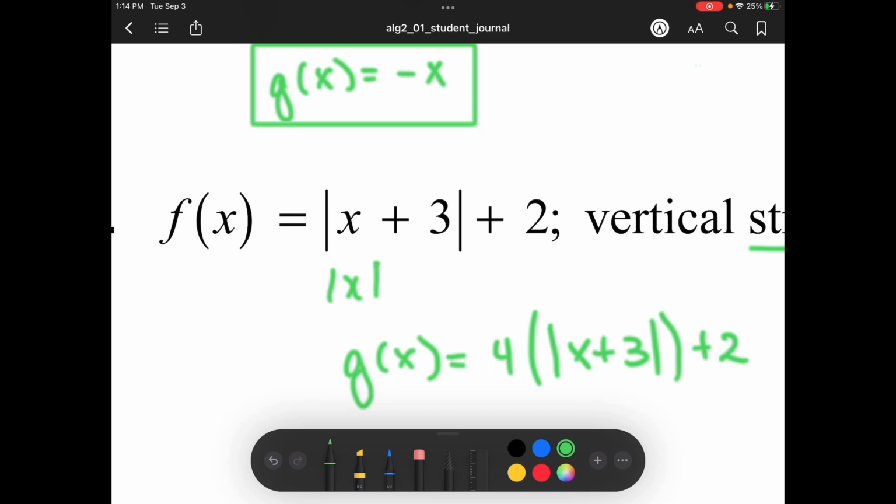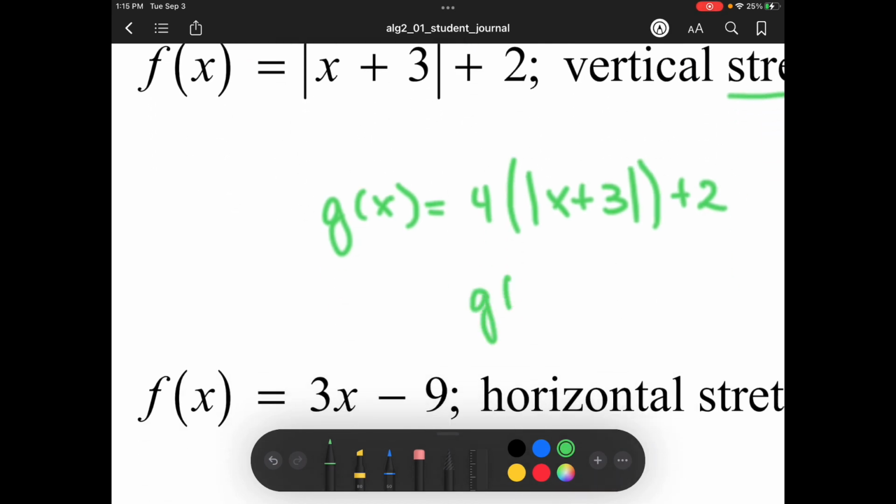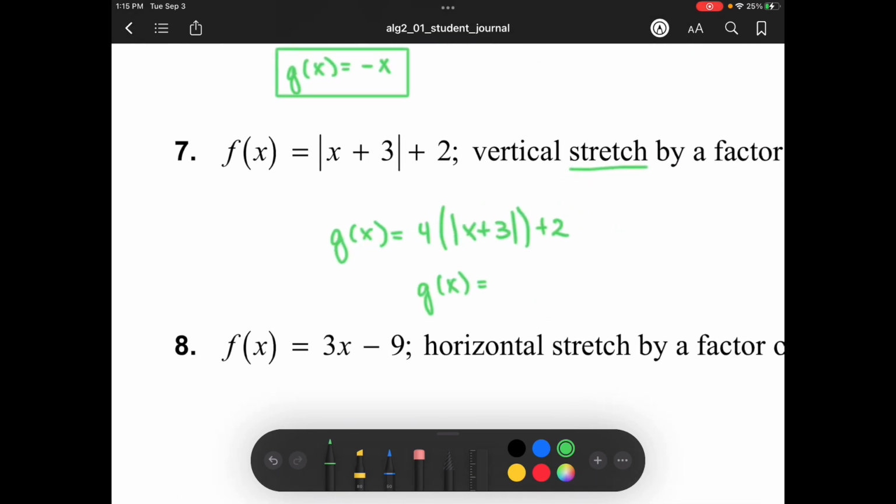And that would be only in this part right here. So this is going to become g of x equals 4 times the absolute value of x plus 3, plus 2.